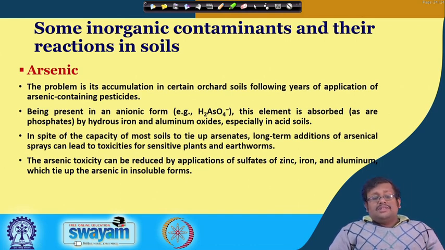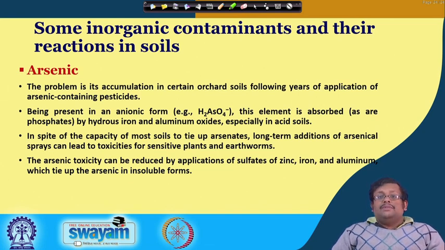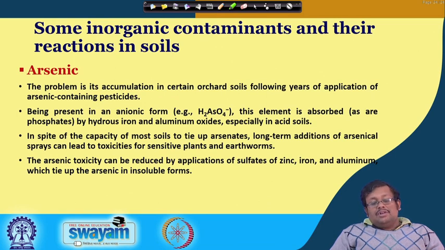Let us talk about some inorganic contaminants and their reaction in the soil. Let us start with arsenic, because this is a major heavy metal which is creating pollution, especially in India as well as in Bangladesh and Southeast Asia. The arsenic problem arises from its accumulation in certain orchard soils following years of application of arsenic containing pesticides.